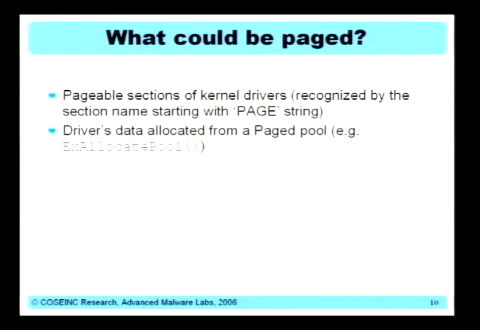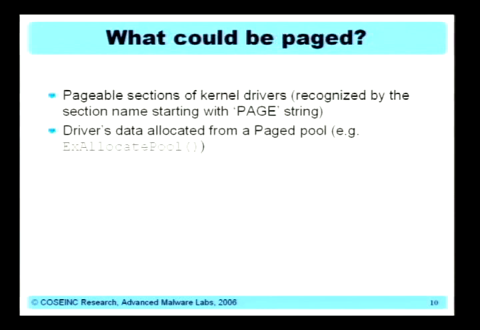And what could be paged as far as kernel mode is concerned? First, we can have all the pageable sections of kernel mode drivers, and the pageable sections are recognized by the fact that the first 4 letters of their names are PAGE.